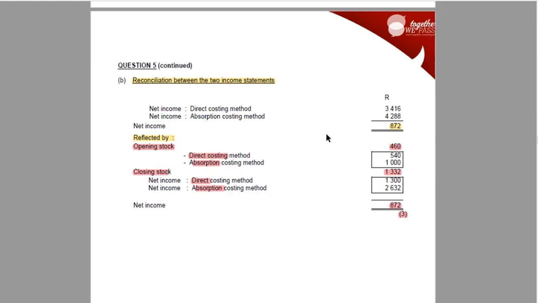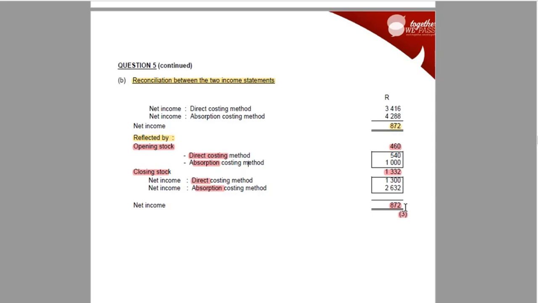So to answer this question, the framework is to say, okay, identify firstly that my net income is not the same. Show us your net income under direct costing and absorption costing. Show us the movement. Then thereafter, show us the reconciling items, which would be your opening and your closing stock. Show us the amounts under the different methods and the movement.